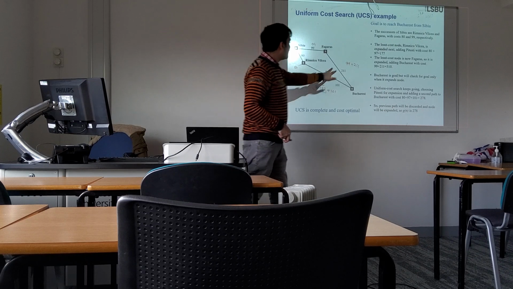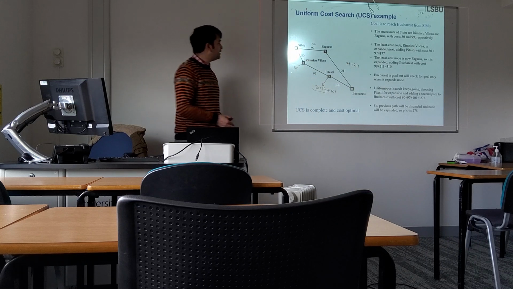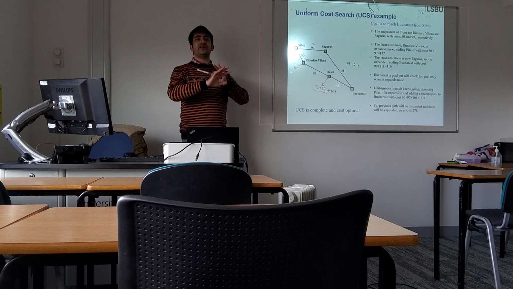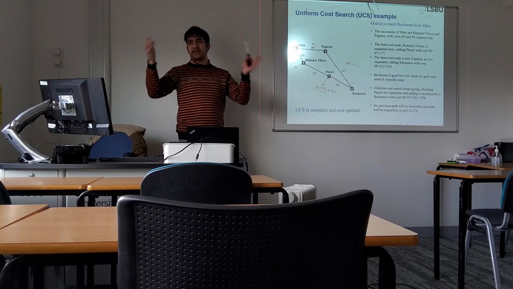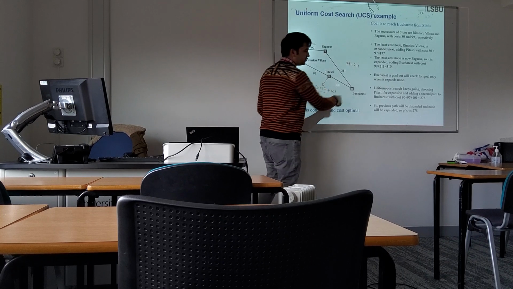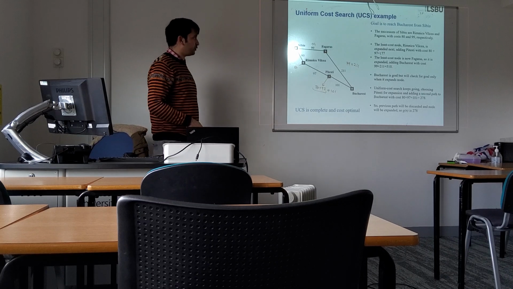Here we were getting 310, and here we are getting something like 278. Finally the search algorithm will explore all the paths, but then give you the path which is the least cost path. So finally it will tell you that you should follow this one. So it was a uniform cost search problem.